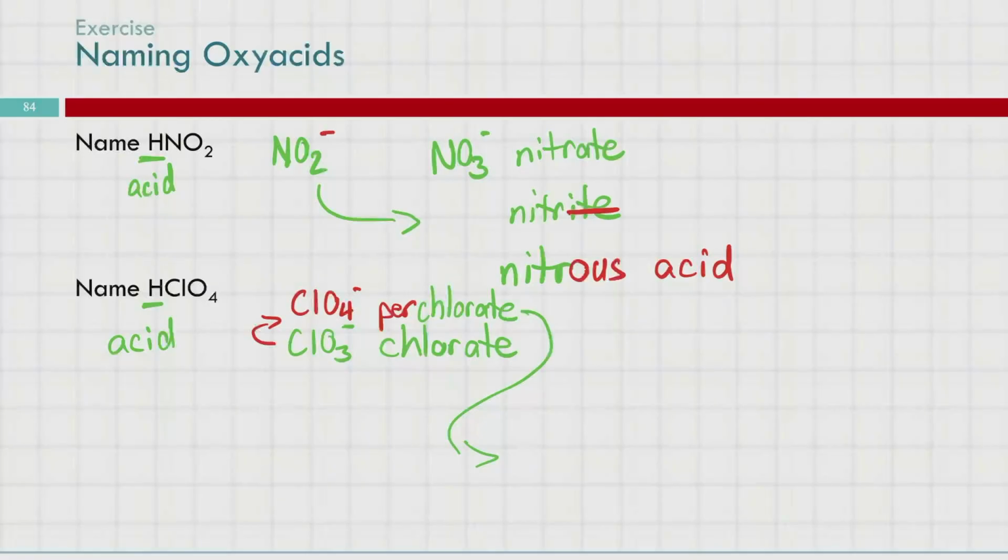So this turns into perchlor. How does the ending change? It's gross. Ic acid. So this is perchloric acid. So again, the prefix doesn't change. We just leave it on there. All that we change is the ending. Questions?